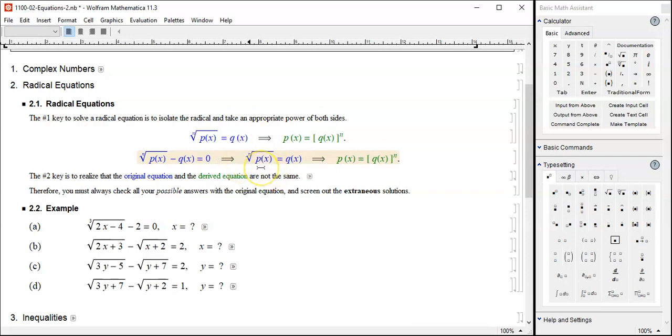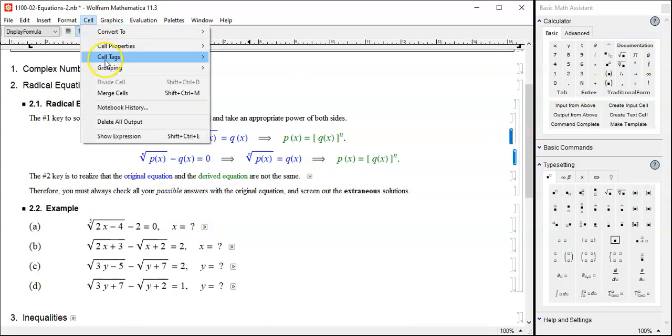Isolate the radical, and then take the nth power to kill off this radical. So if you have a radical expression with other things, then it's important to isolate the radical. If you take the cube right here, it's not going to work. You have to isolate it and then do it.